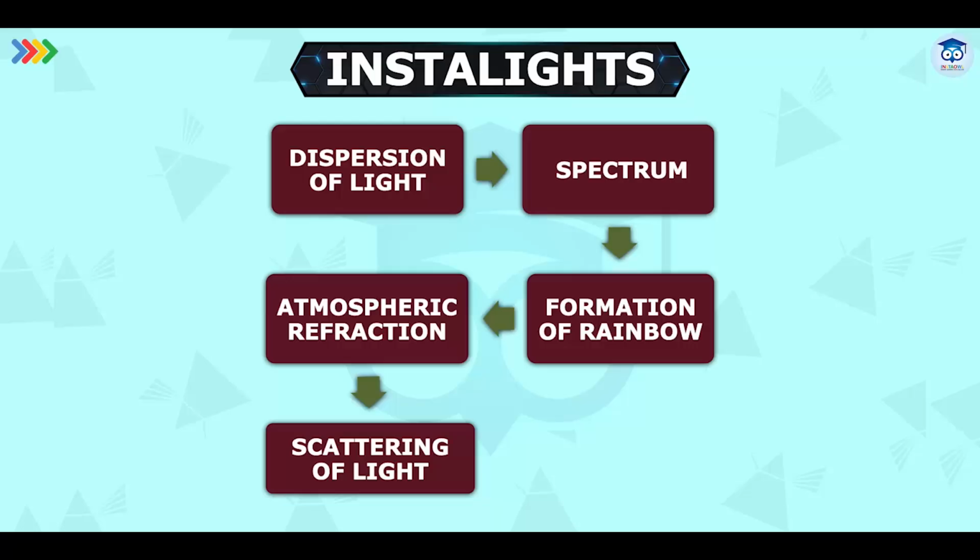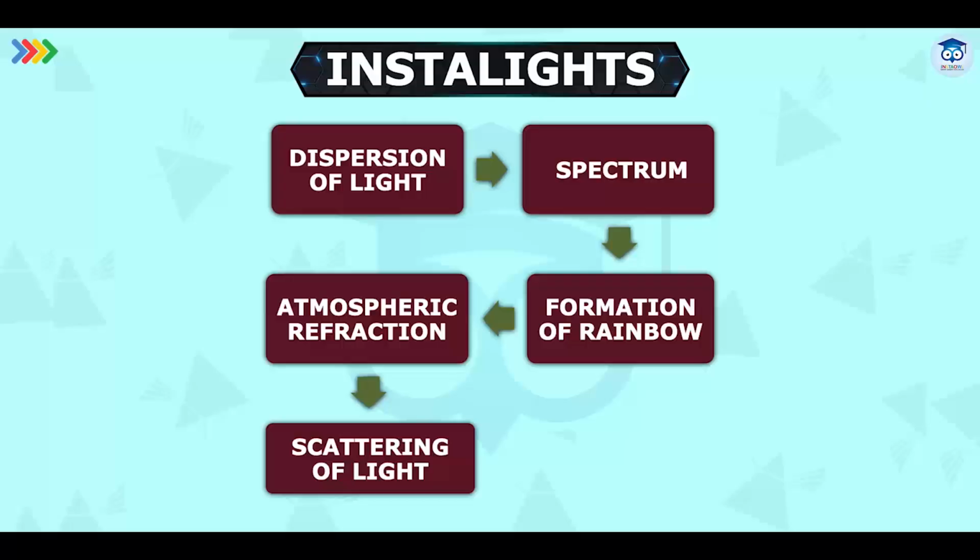Moving ahead, we saw atmospheric refraction, where light bends due to changing air densities, leading to the shifting of the apparent position of celestial objects. This concept helped us understand formation of rainbow, where tiny water droplets act as natural prisms, dispersing, reflecting, and refracting sunlight to produce a spectrum of colors in the sky.